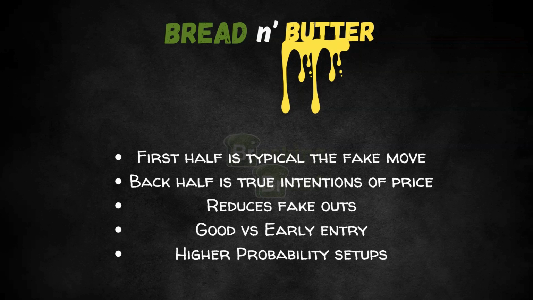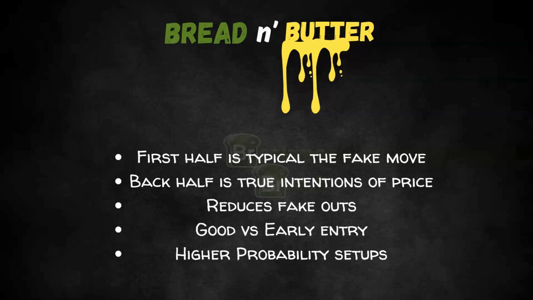So if I'm looking at the hour time frame, I understand that if price is to head to the upside, price has to go put in a low if we are to continue to the upside, right? But it has an hour to do it. So it can go play back and forth, back and forth, back and forth. But that back half of that candle is where it's starting to rev up and it's really about to start showing you which true direction it wants to go in. So keep that in mind.